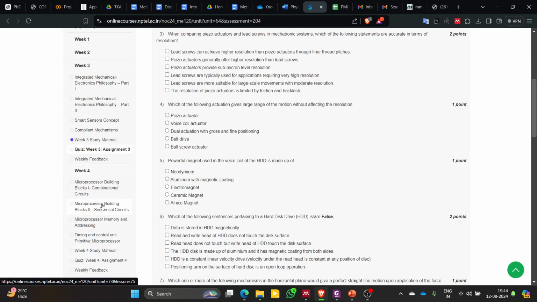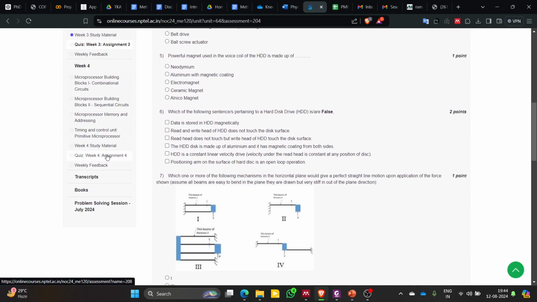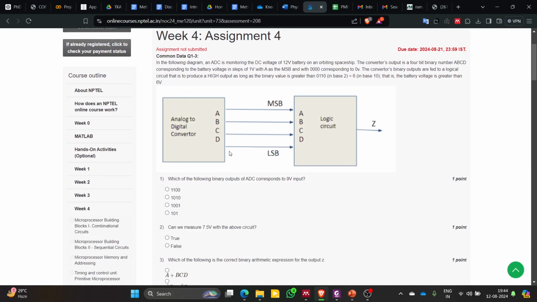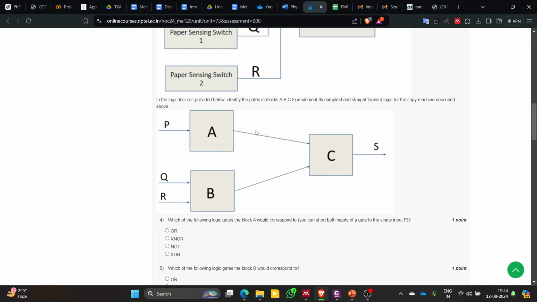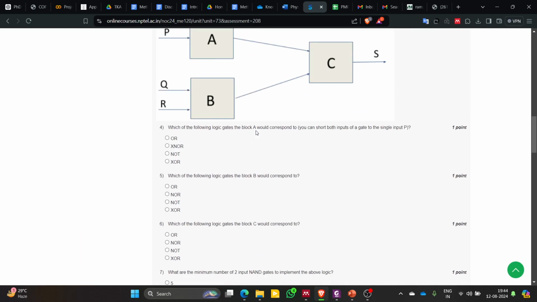I just want to give you some heads up regarding week 4. You see this week 4 problem. I think this is related to ADC modules and digital modules.